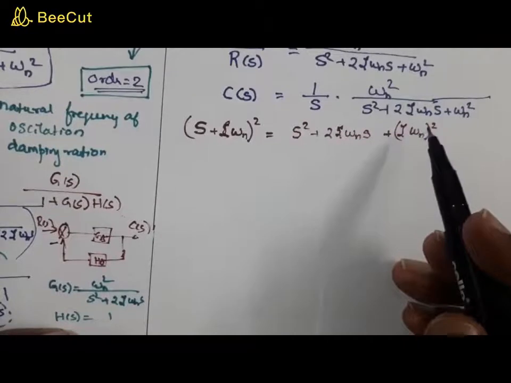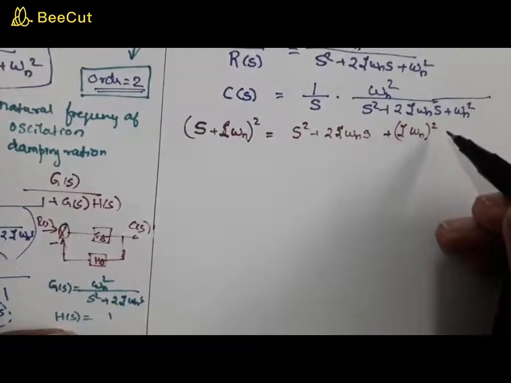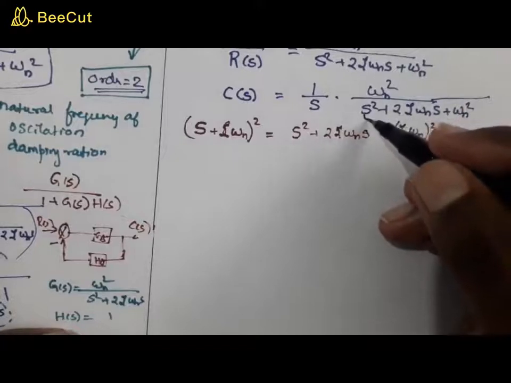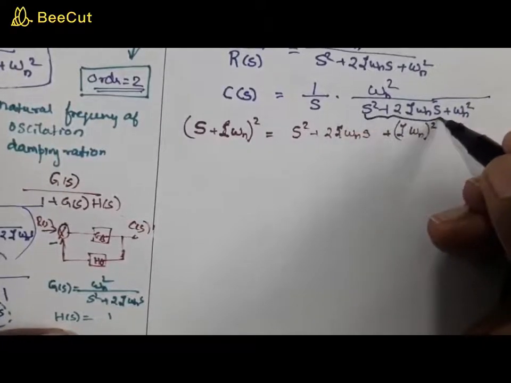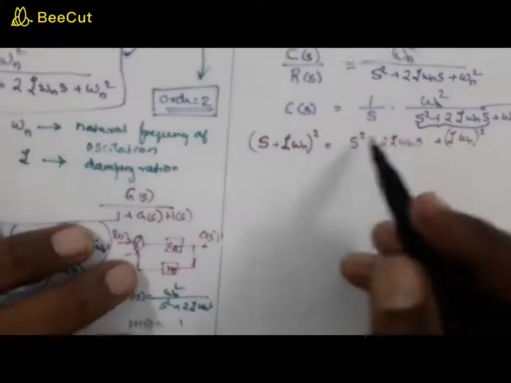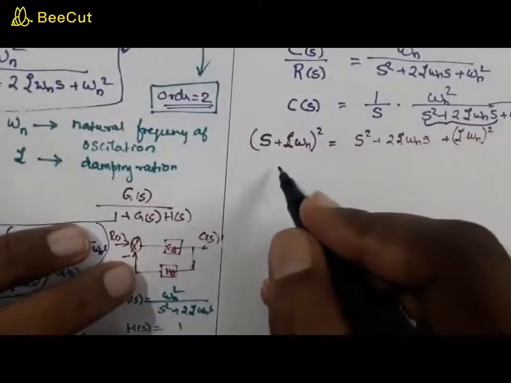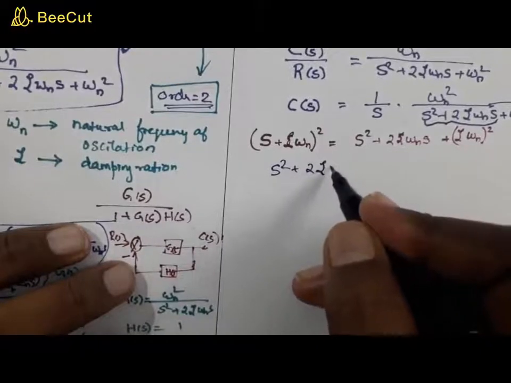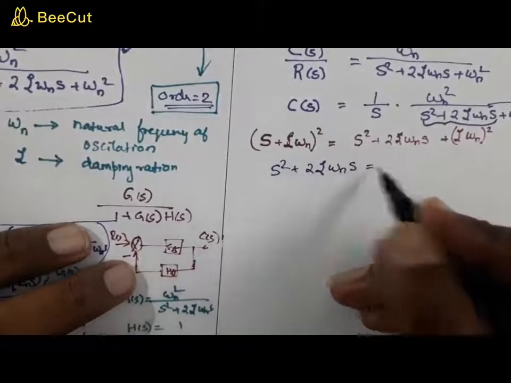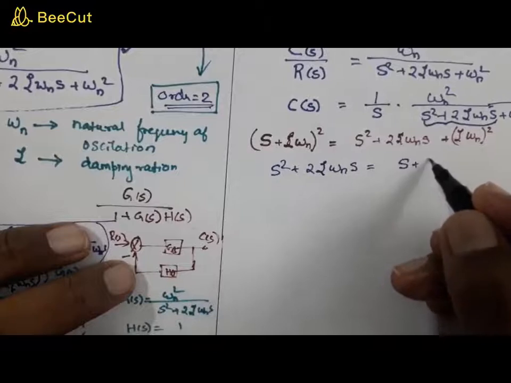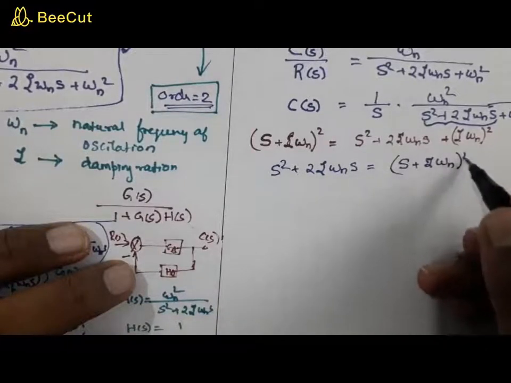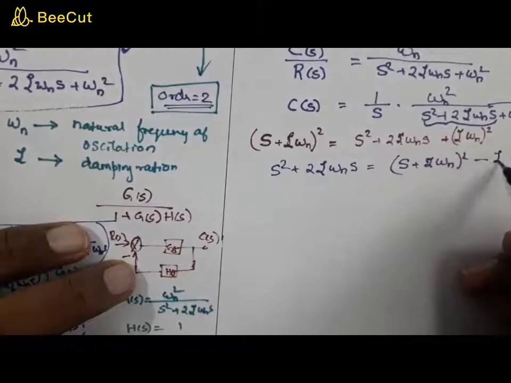Now from this, you can evaluate what you can say. You can represent this s square plus 2 theta omega n s as what? From this equation you will get 2 theta omega n s as equal to (s plus theta omega n) the whole square minus (theta omega n) the whole square.